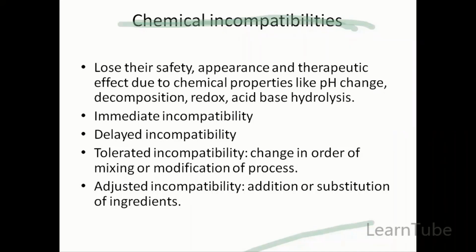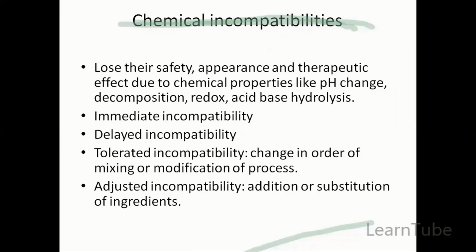Next is the tolerated incompatibility. Now this kind of incompatibility can be overcome. Say for example, there is some kind of incompatibility and you have to overcome it. You can overcome that incompatibility by just changing the order of mixing. So what is order of mixing?